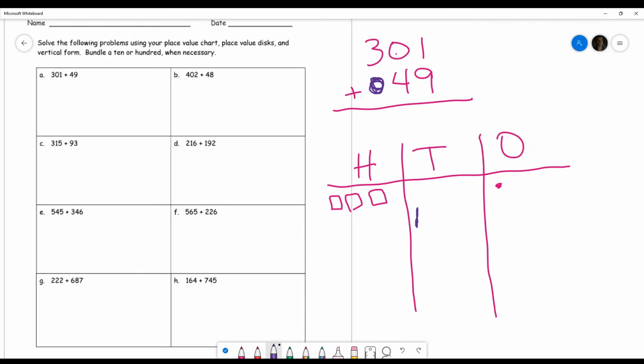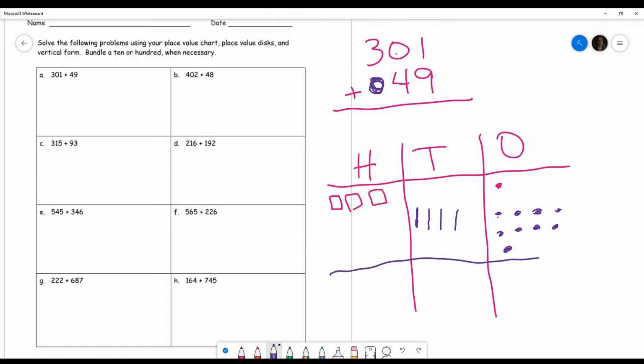So 1, 2, 3, 4. I have 9 ones, so I am going to represent that as 9 dots. So 1, 2, 3, 4, 5, 6, 7, 8, 9.